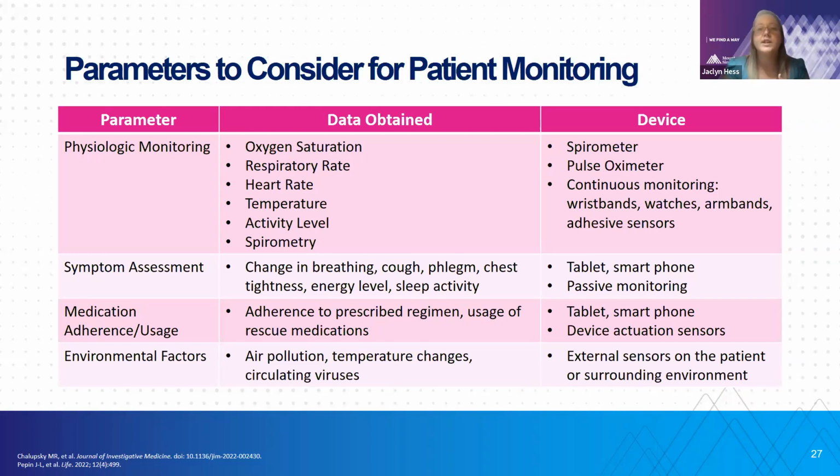That way the patient is aware of what's actually happening around them to help try and modify their risk to any triggers that can lead to an exacerbation. And then studies have shown that when you're incorporating some of these other items in addition to the physiologic parameters, it allows us to get a more detailed picture of COPD and the day-to-day fluctuations that patients experience.